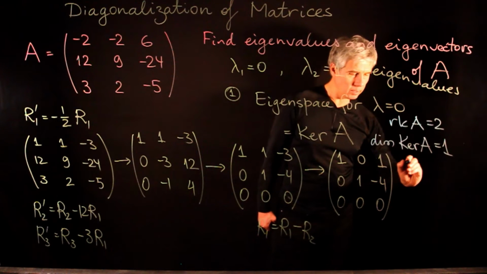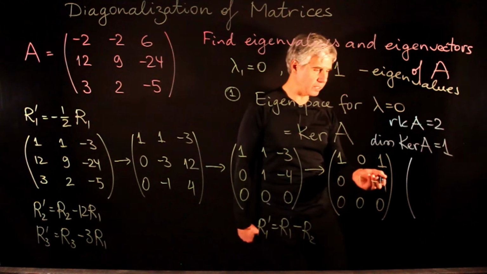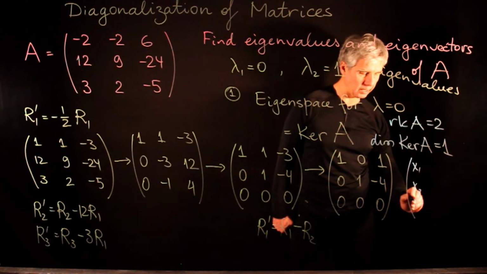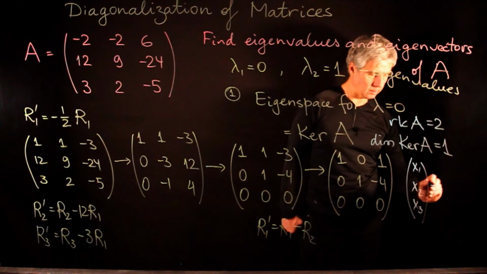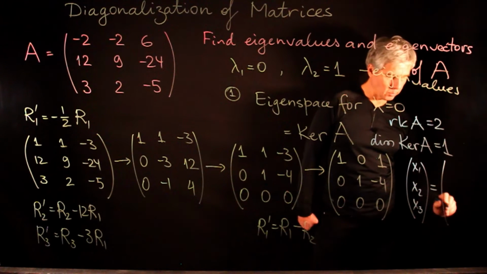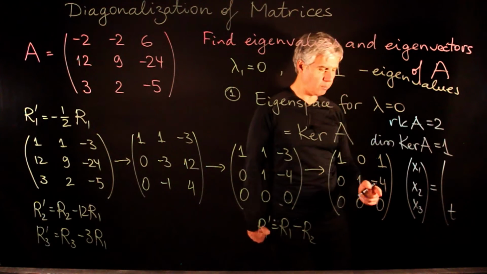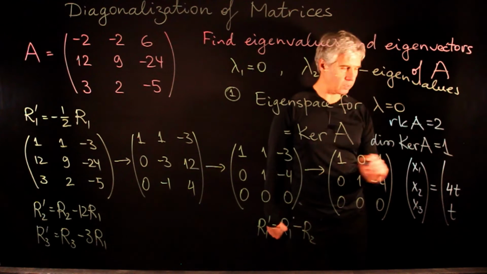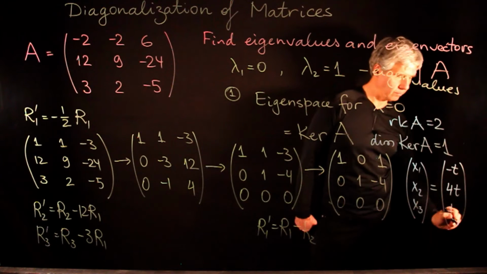Since we have a one-dimensional eigenspace here, we can write x1, x2, x3, where x3 is a free variable, x2 is going to be 4t, and x1 is going to be minus t.